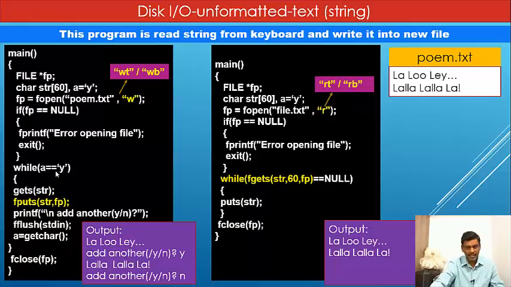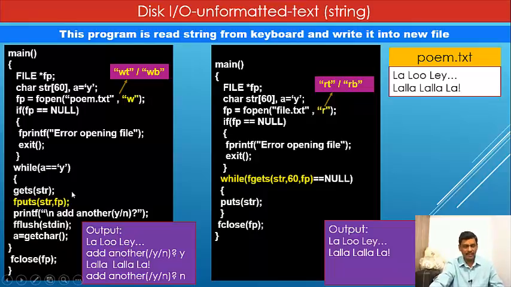While a equal to y: a already contains y, so y equal to y, the condition is true. Then gets of str. Gets is a console input function to get a string. It gets the string from the user through the keyboard.